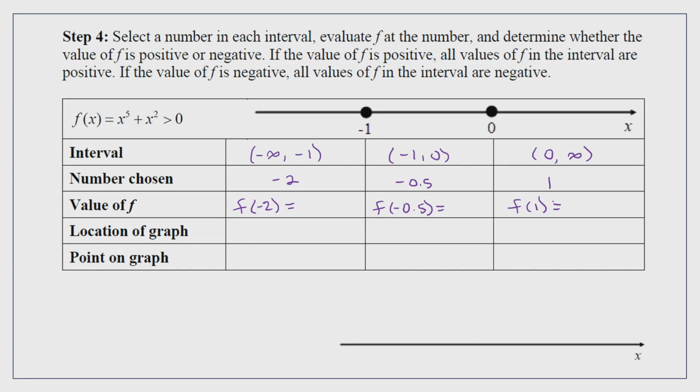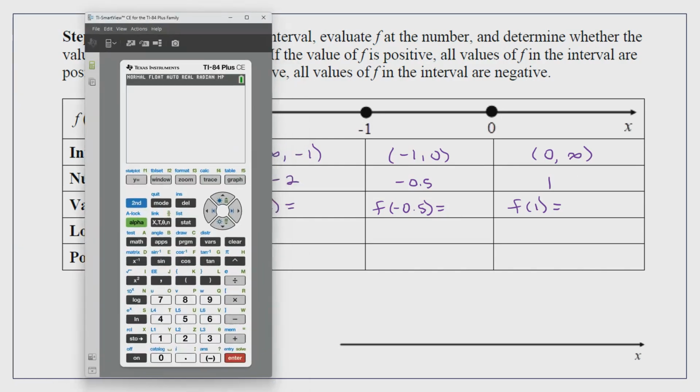And we can utilize our calculator to help us. We're going to go to y equals, and enter in our function, which is x to the fifth power plus x squared, because we want the values of y. We'll go second graph to go to our table, and we want the values of negative 2, negative 0.5, and 1.